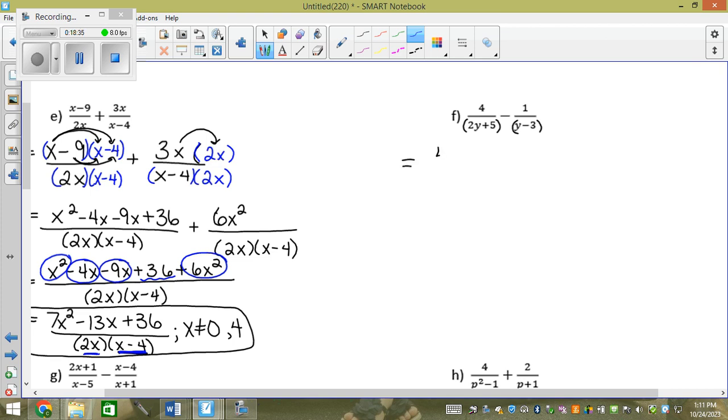So we get 4 over 2y plus 5. Then I'm going to have to multiply this one by y minus 3. And then I get a minus sign, 1 over y minus 3. And I have to multiply this one by 2y plus 5.